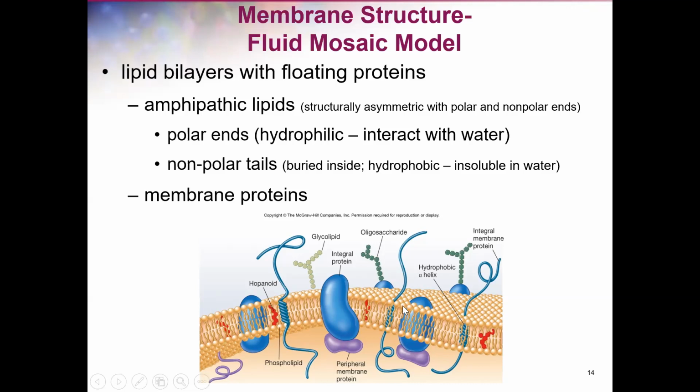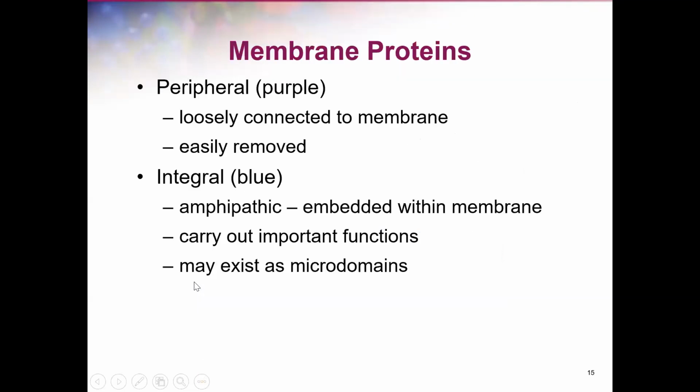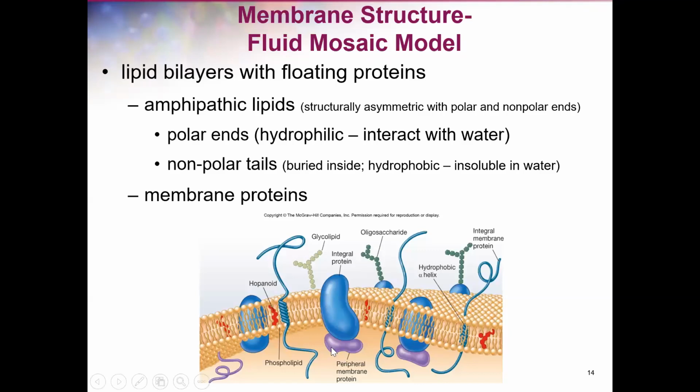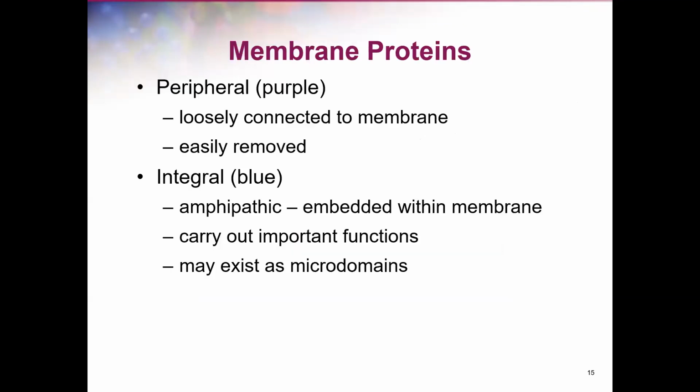In between, you can see a lot of protein embedded, the so-called membrane proteins. There are usually 2 kinds. If it's on the outside, it's called peripheral. If it's embedded in the membrane, it's called integral.